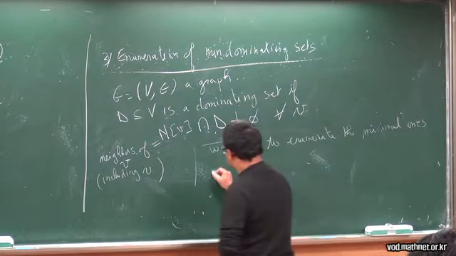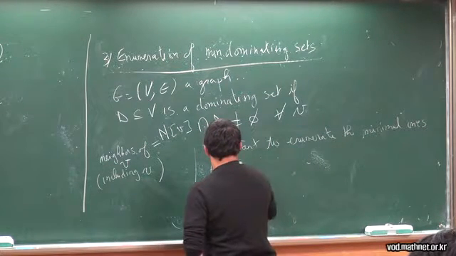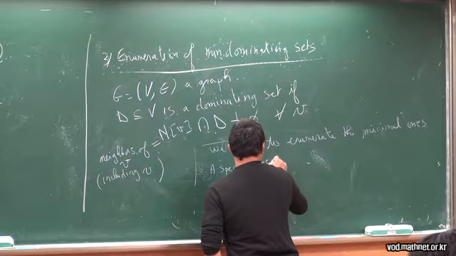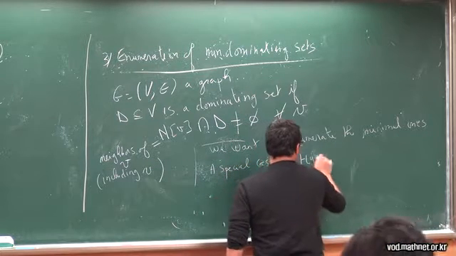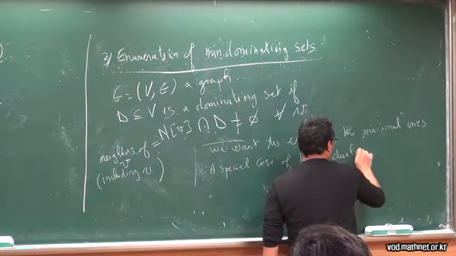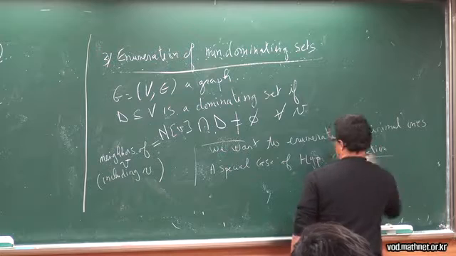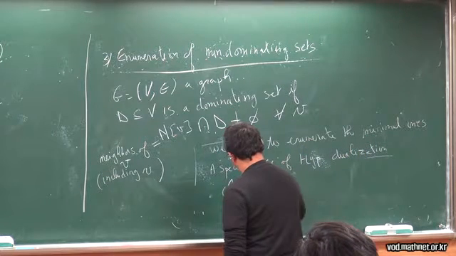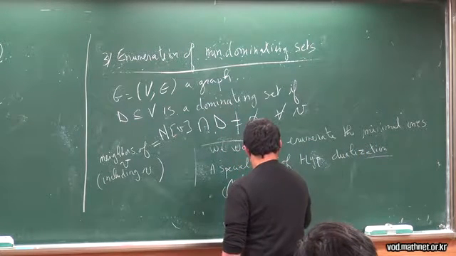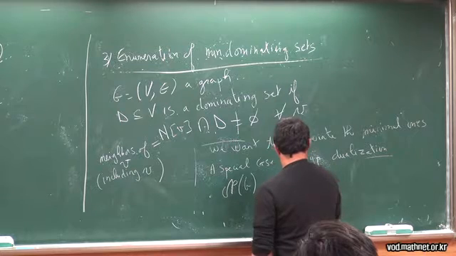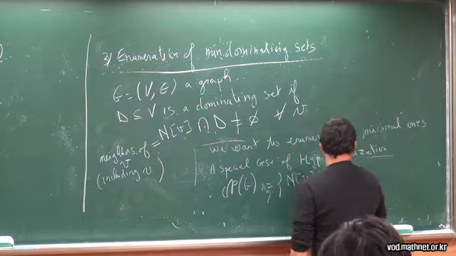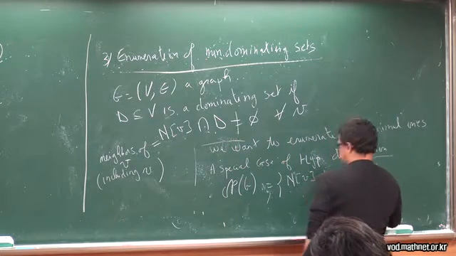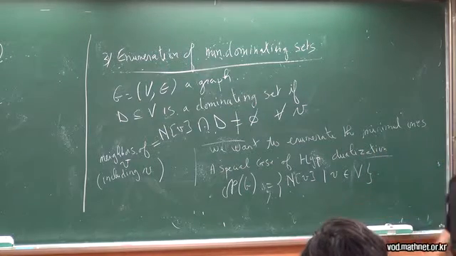So it is a special case of hypergraph dualization. Take this hypergraph of closed neighborhoods.